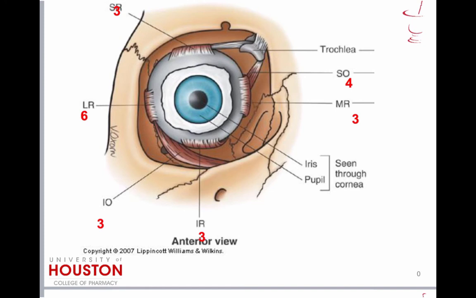So the lateral rectus and medial rectus are a paired set of muscles, but they're innervated by different nerves. So cranial nerve 3 is the ocular motor nerve. In other words, the nerve that is responsible for most of the eyeball movements. And you'll see on here that 4 out of the 6 extraocular muscles are innervated by the ocular motor nerve.